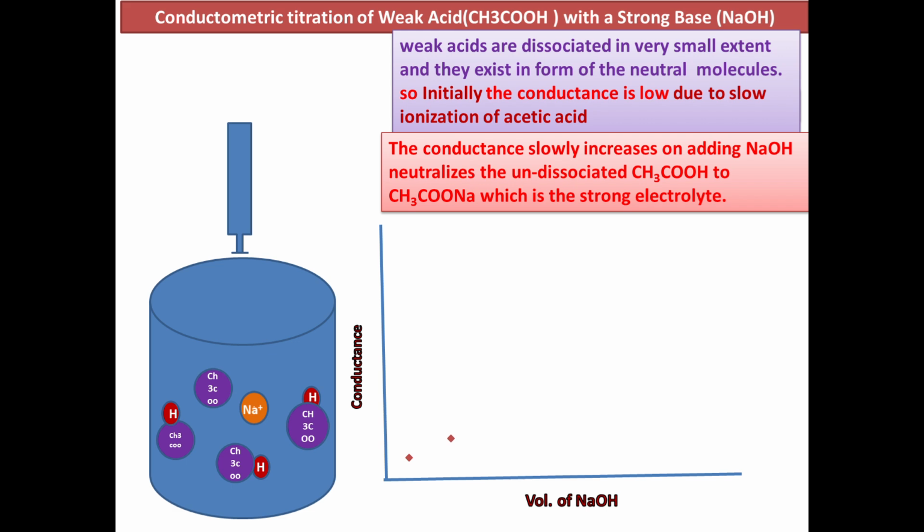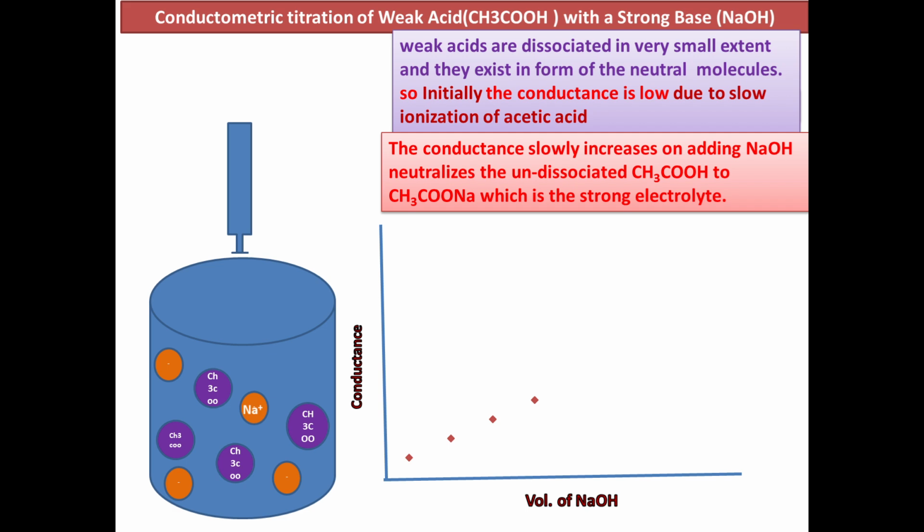Conductance increases. If you again add NaOH into the solution, acetic acid reacts with NaOH, there is a formation of H2O and sodium acetate, which is a strong electrolyte, so it dissociates into the water and conductance increases. But both the ions formed here are slow ions, so conductance increases but only slowly.